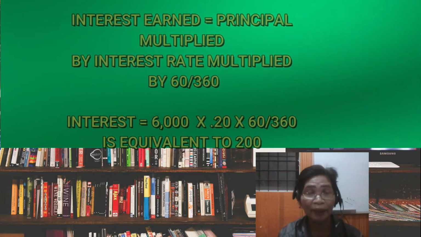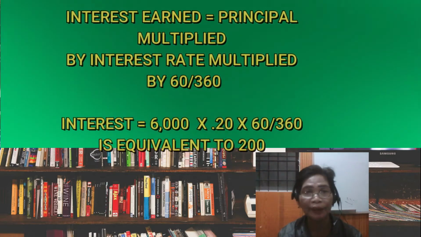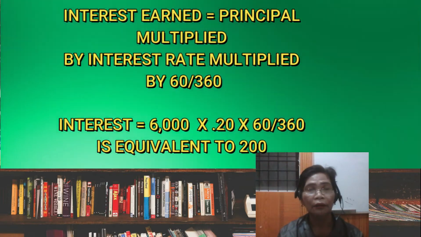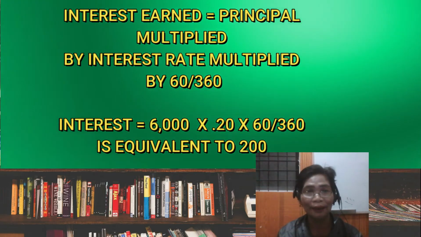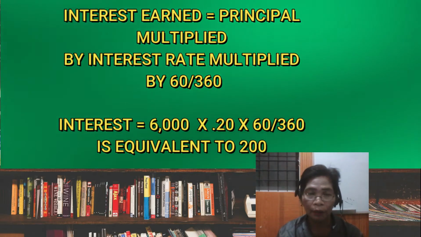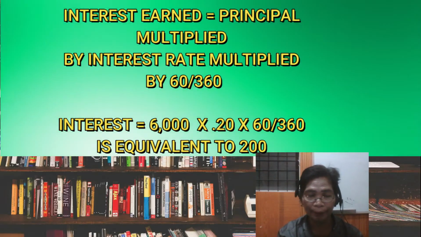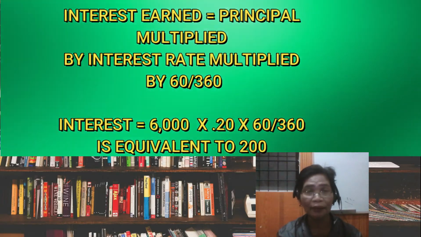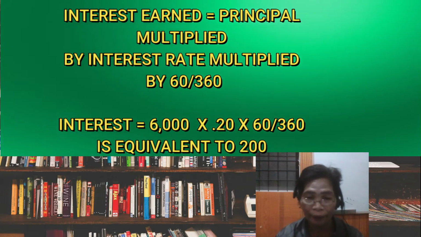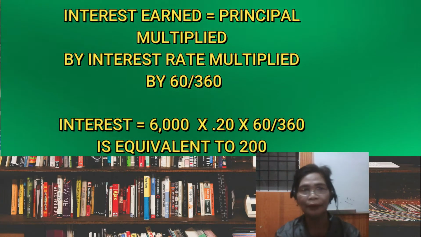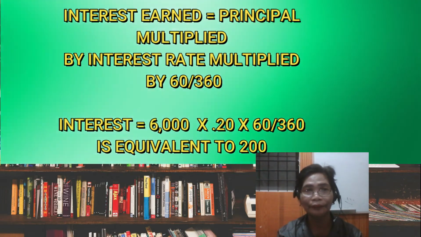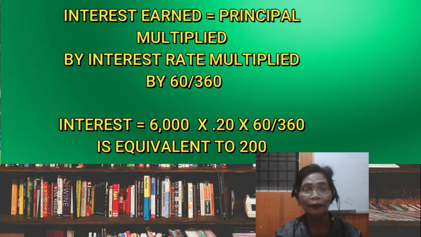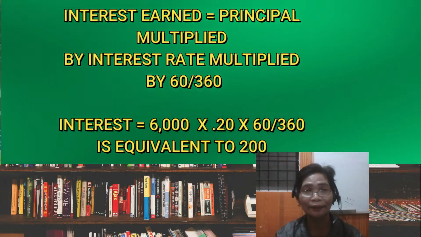The principal is 6,000, the rate is 20%, the time is 60 days over 360 days. Upon computation, you have 6,000 multiplied by 20% times 60 over 360. The result is 200. Okay? That is the interest for 60 days.